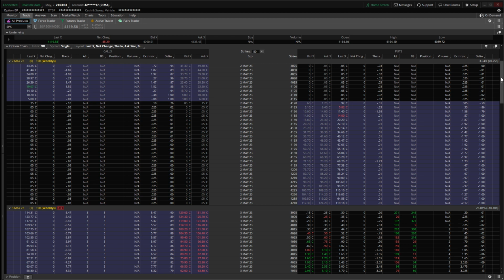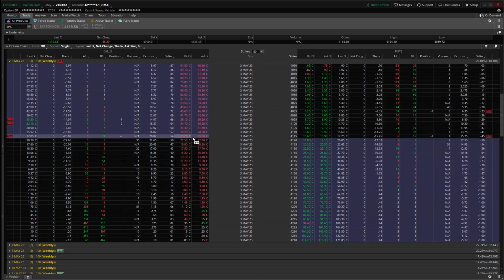And I ended up rolling them. The 4,100s were rolled to 4,115. I could have rolled higher. I could have gotten out of the 4,120, but I believe it was something like $40 or $50 of premium that I would have collected.